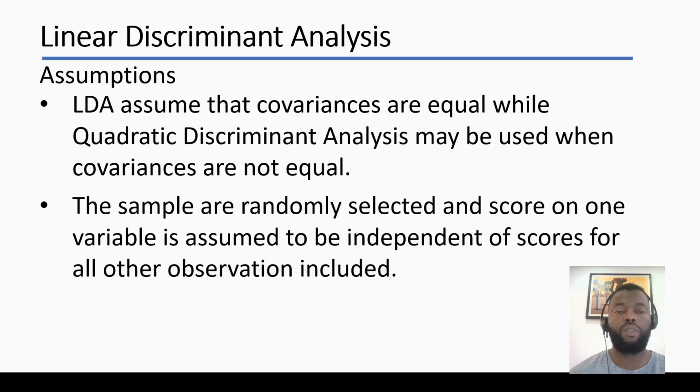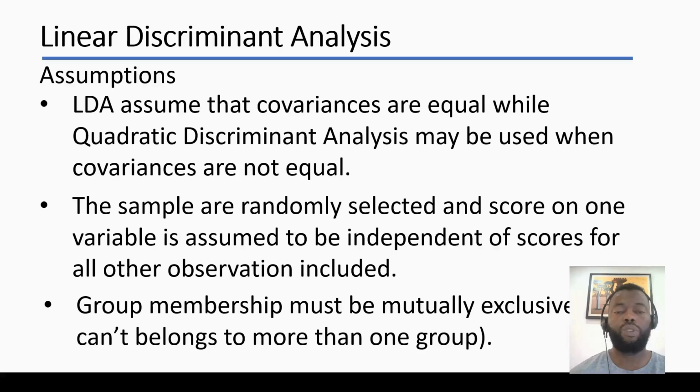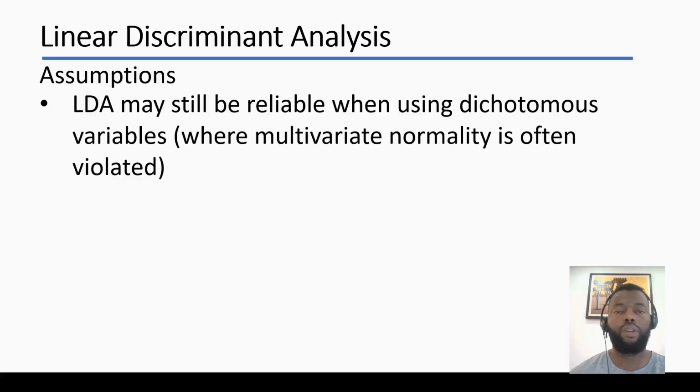The sample is randomly selected, and the score on one variable is assumed to be independent of scores from all other observations included. Group membership must be mutually exclusive. Cases cannot belong to more than one group.